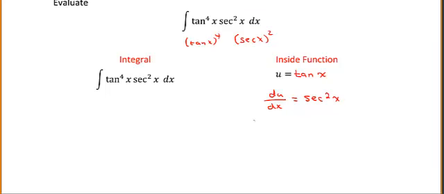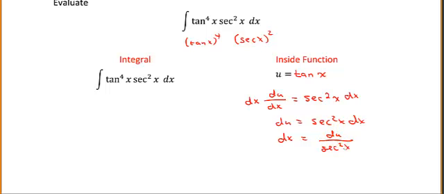So then multiplying both sides by dx, I get du is equal to secant squared of x dx. This is an actual cancellation. Remember, the definition of du was the derivative of u times dx. So that's that way by definition. And then dx is equal to du divided by secant squared of x.